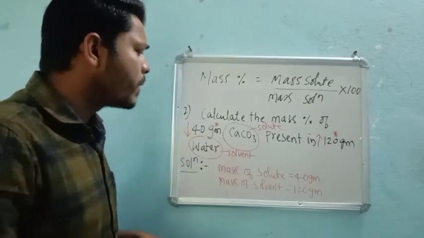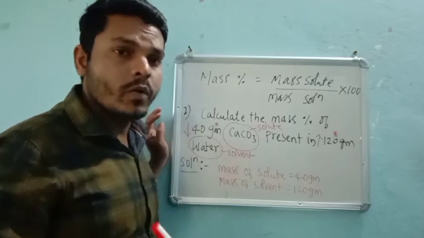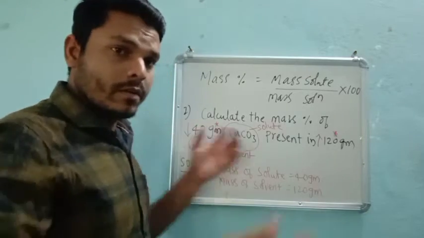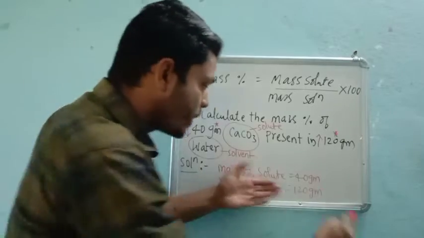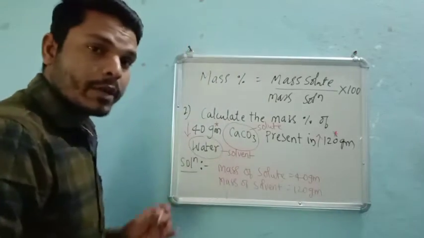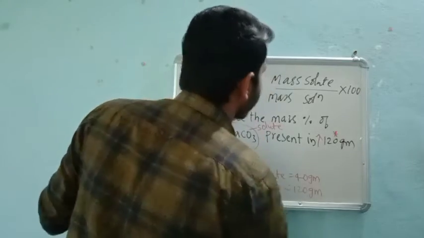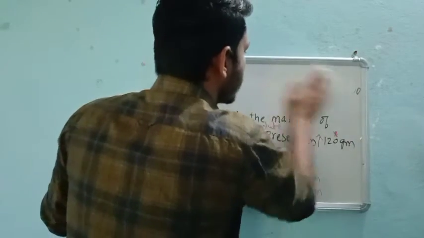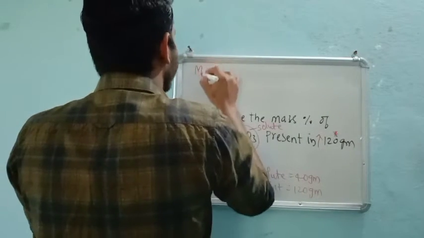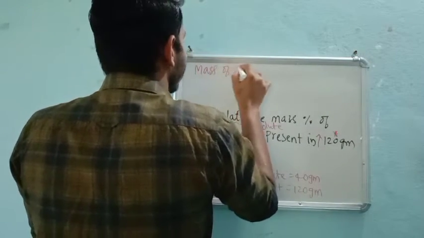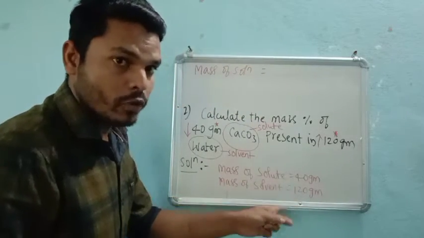When the solution formation takes place, when solute and solvent we mix, then only the solution forms. Mass of solution is equal to: we need to add both of these.